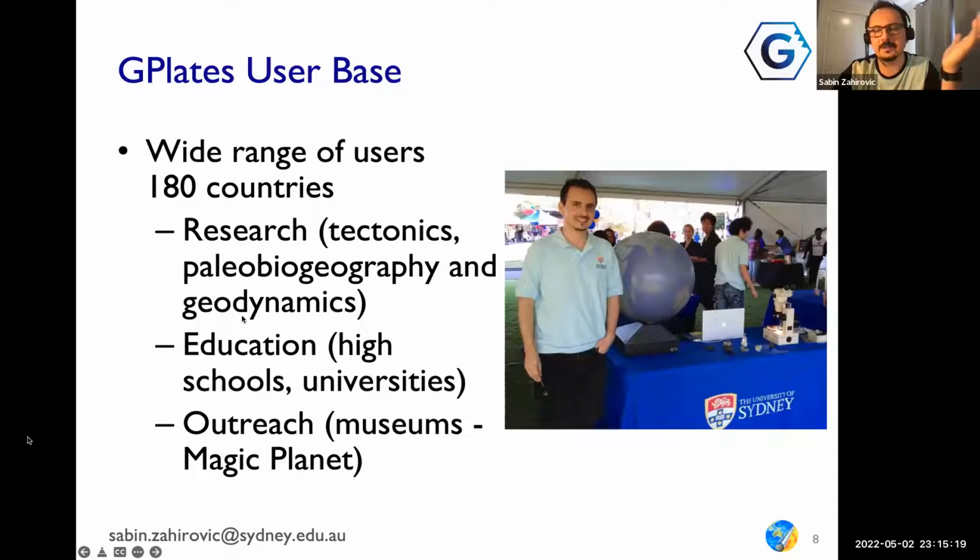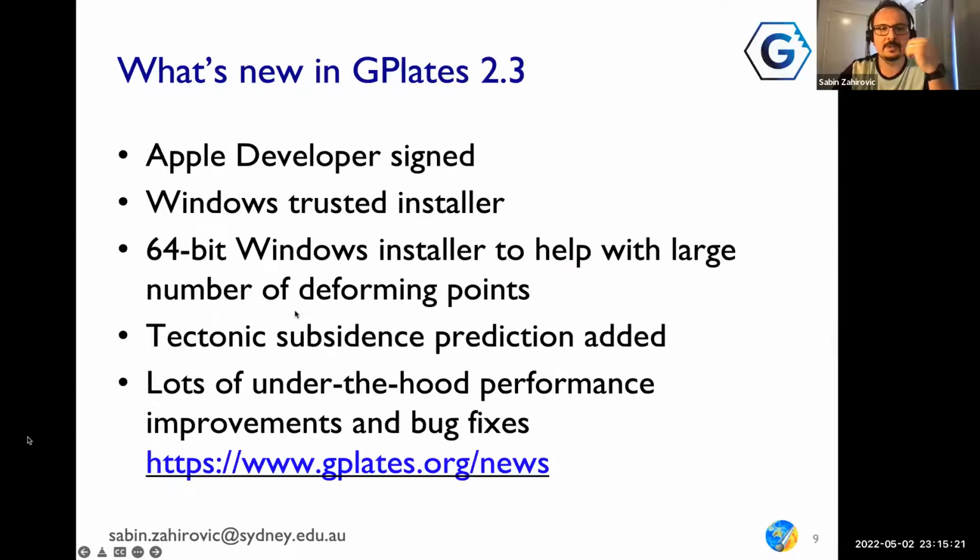And it's used in lots of countries, lots of different settings. I mentioned that before. What's new in GPlates 2.3 is primarily lots of stuff under the hood: the compiling environment, the memory efficiency, and so on. One of the key improvements has been in the deforming reconstructions, being able to export the tectonic subsidence through time.